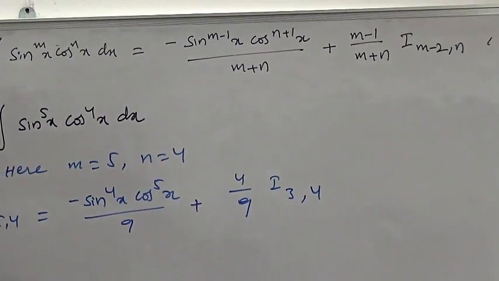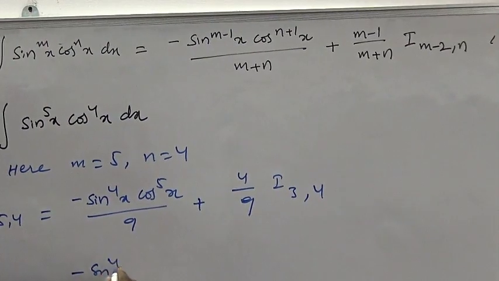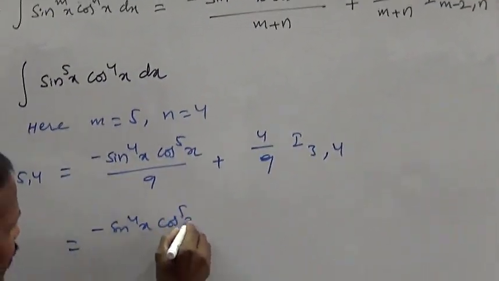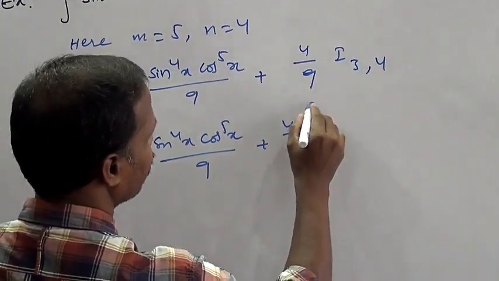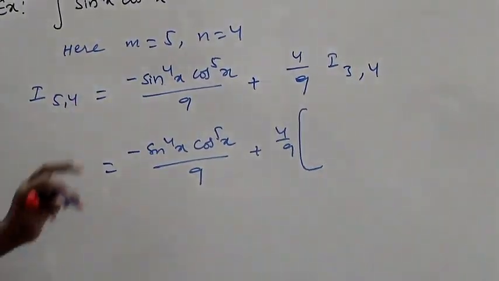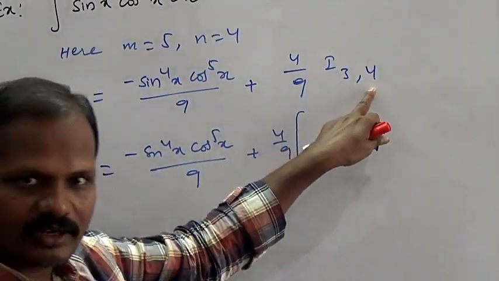Now this is equal to minus sin power 4x cos power 5x by 9 plus 4 by 9 I(3, 4). Now m value 3, n value 4.